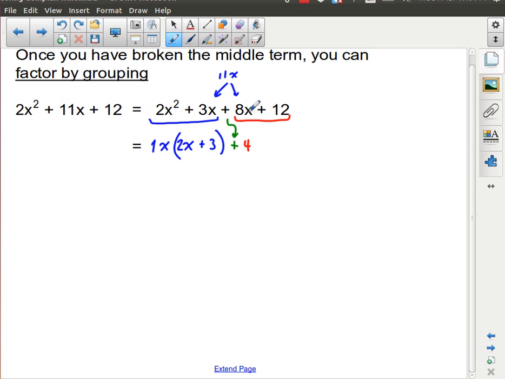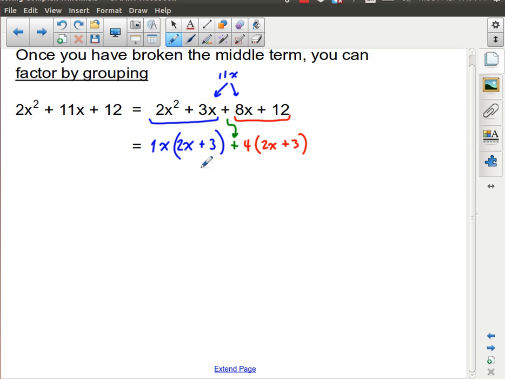Between the variables, I have x here, and I actually don't have a variable here, which means it's just the number 1. So there is nothing in common between those, so I leave them as is. What is 8x, positive 8x divided by positive 4? That's equal to 2x. Positive 12 divided by positive 4, that's equal to positive 3.